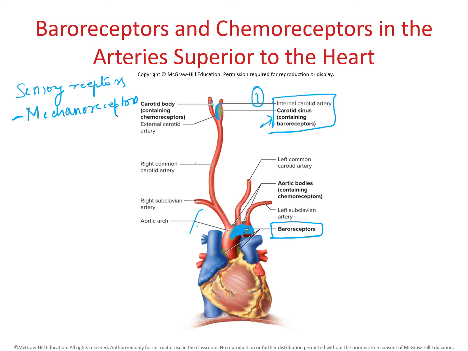Mechanoreceptors basically respond to any stretching in the blood vessels due to changes in blood pressure. Some other components that control blood pressure are obviously the nervous system, specifically the sympathetic and parasympathetic nervous system.